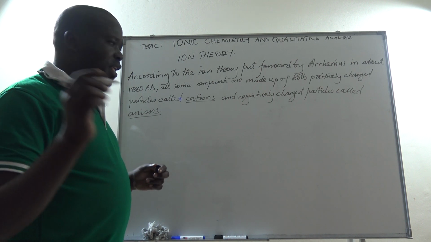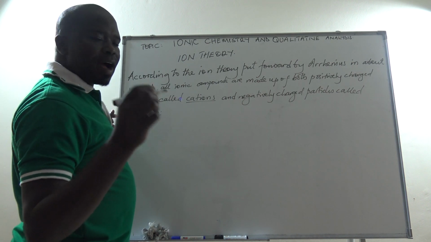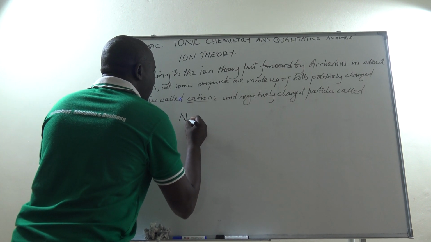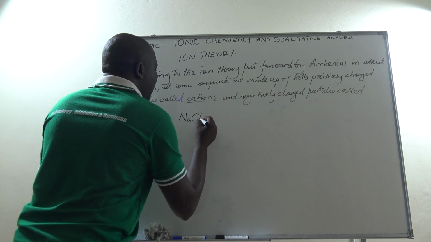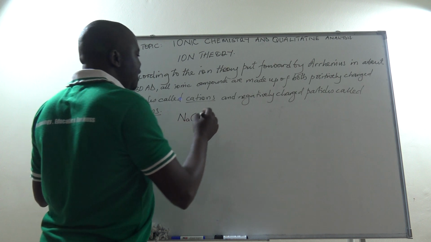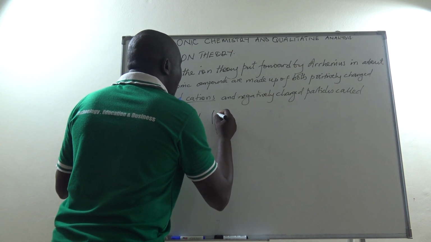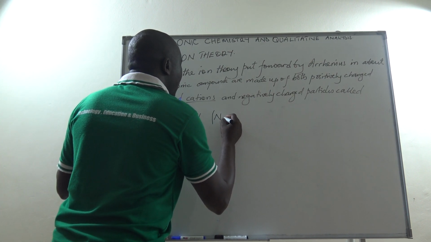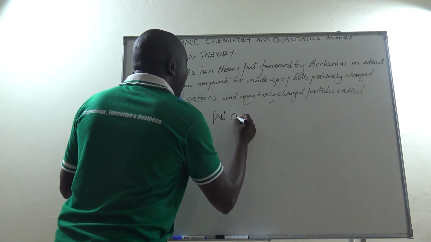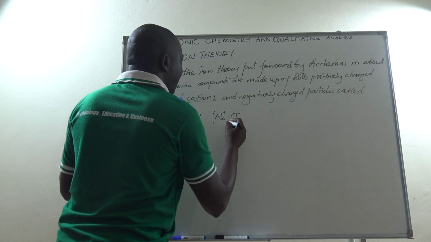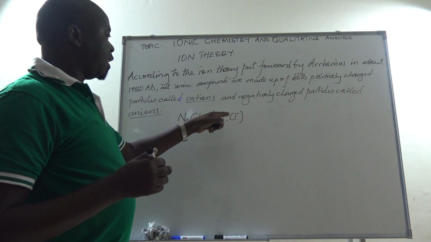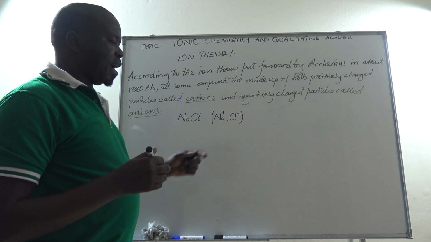I want us to see this. If I have an ionic compound like sodium chloride, under suitable conditions, you'll find that in sodium chloride, we have the sodium ions, and then we have the chloride ions. Both of them are there. So the sodium ion is what we call the cation, and the chloride ion is what we call the anion.